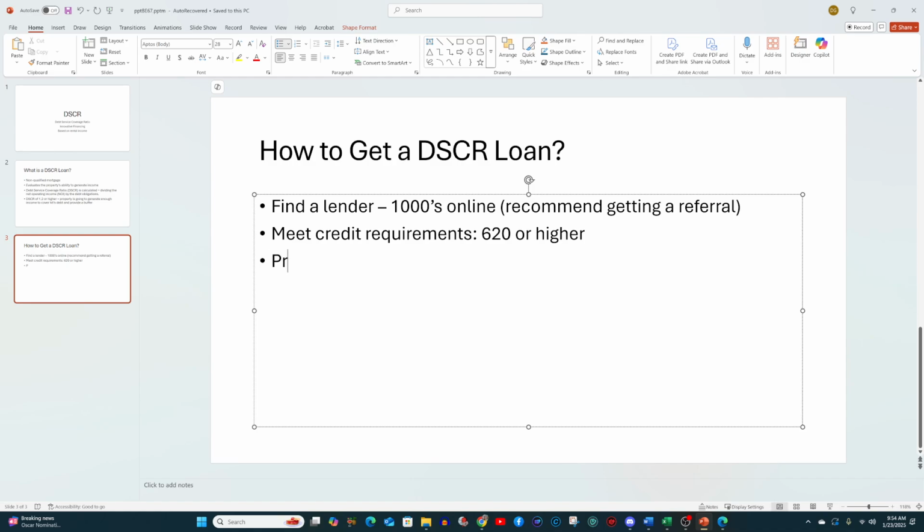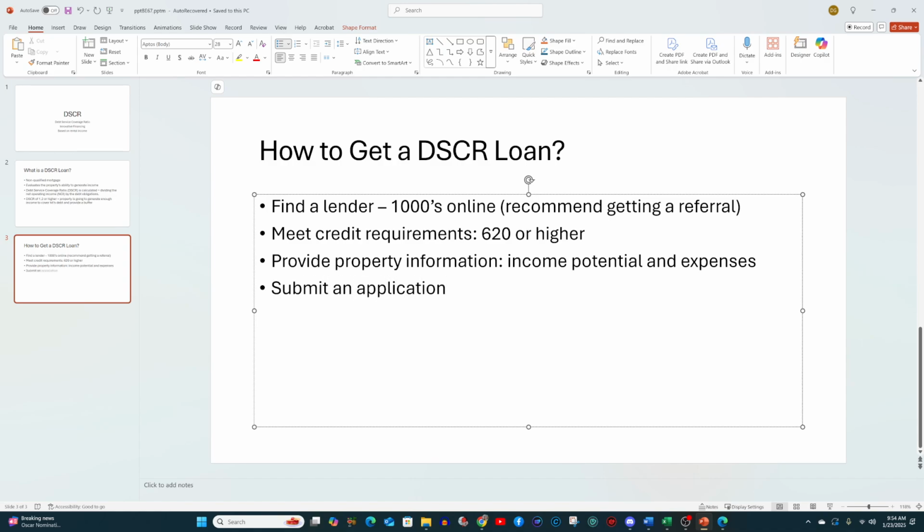You have to provide property information to the lender. So you need the information about its income potential and expenses, and that's going to be very detailed. And then you have to submit an application, of course. Whatever they require for that application, you've got to submit to them. They're going to do a property evaluation themselves.